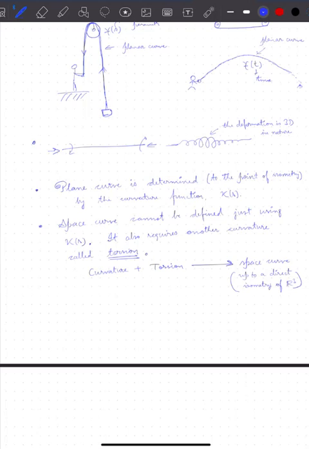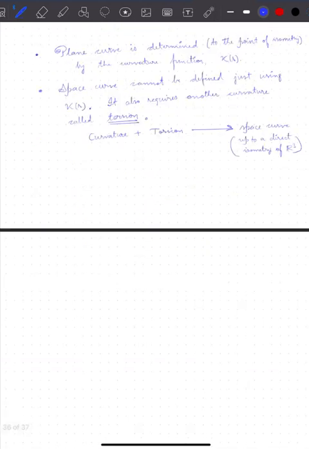Fine. So it looks like we need one more quantity, torsion, and then we can obtain a space curve. Okay.